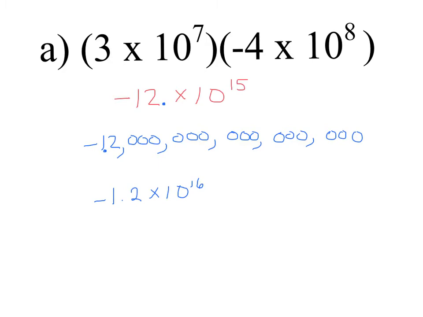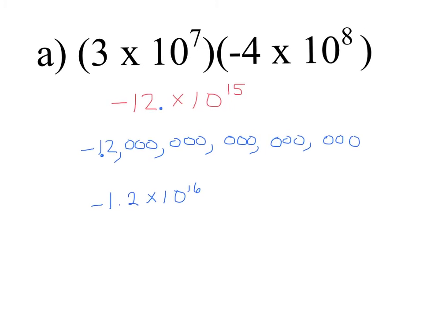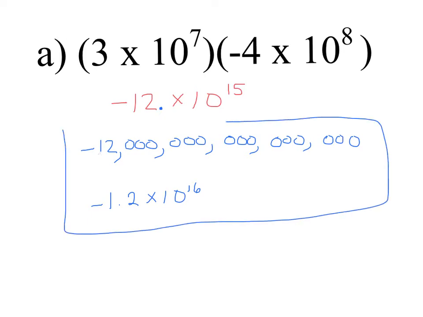Now I need to come up here and erase that decimal. All right, got that decimal erased. Okay, so this right here is going to be my final two answers.